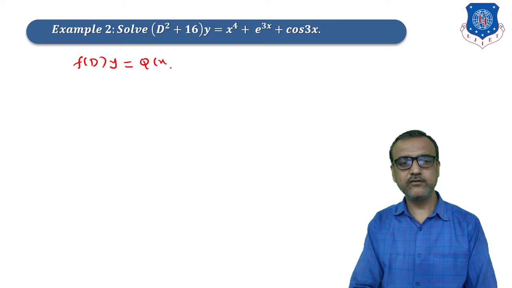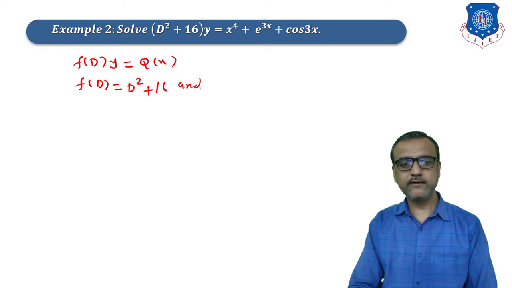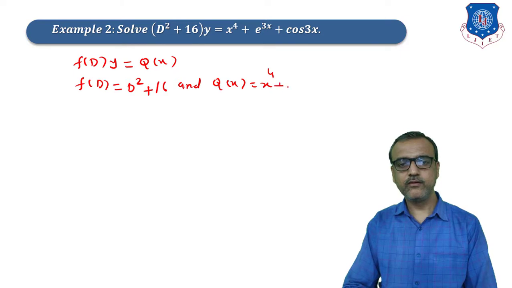So by comparison we have f(D) equal to D^2 + 16, and Q(x) equal to x^4 + e^(3x) + cos 3x.